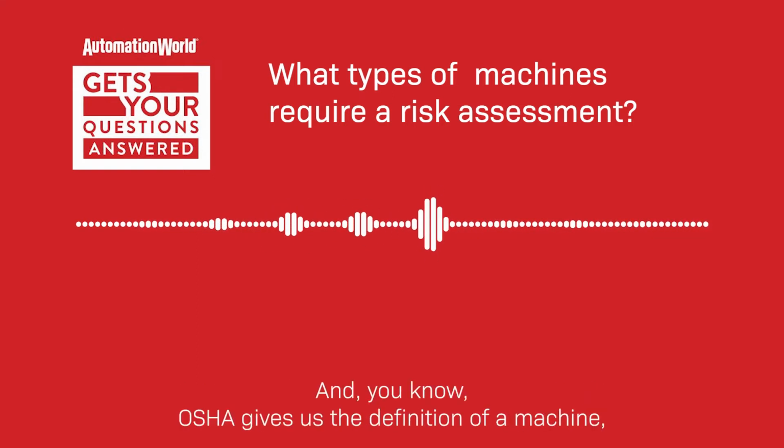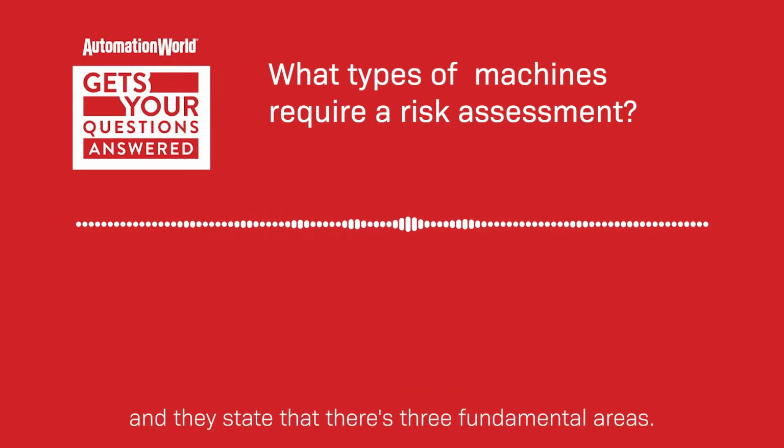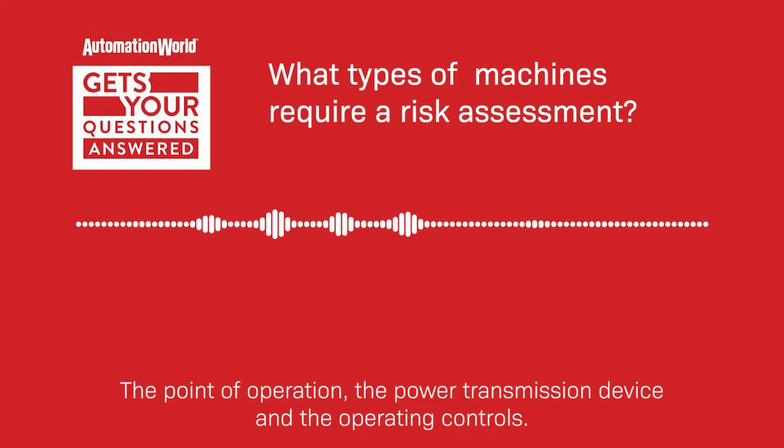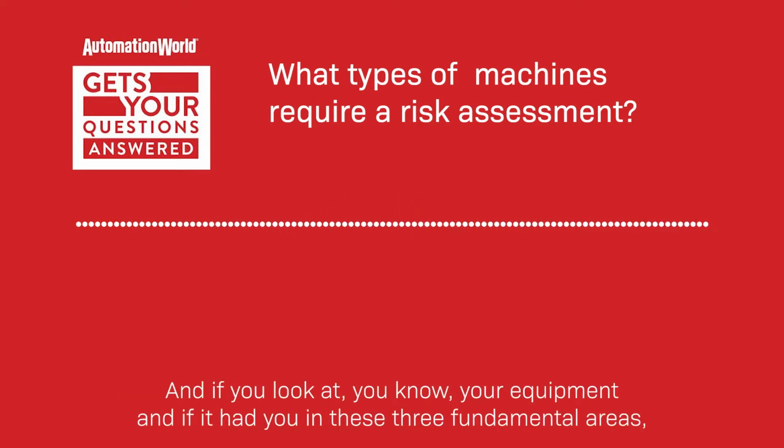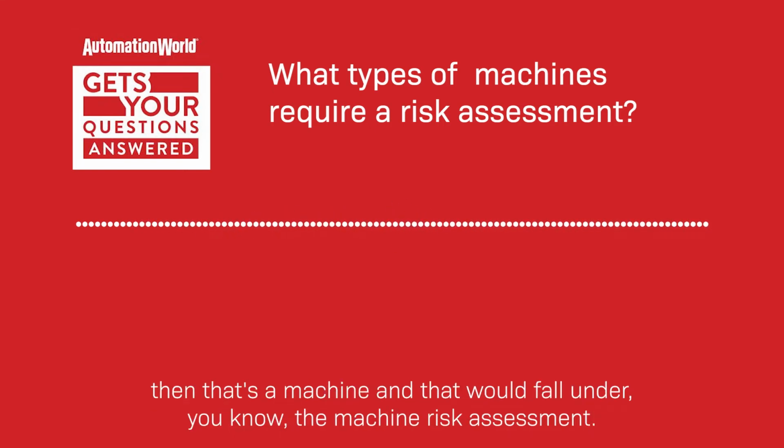And OSHA gives us the definition of a machine, and they state that there are three fundamental areas: the point of operation, the power transmission device, and the operating controls. And if you look at your equipment, and if it has these three fundamental areas, then that's a machine, and that would fall under the machine risk assessment.